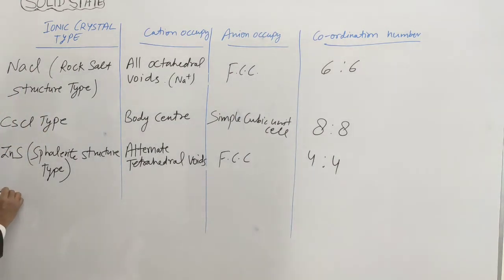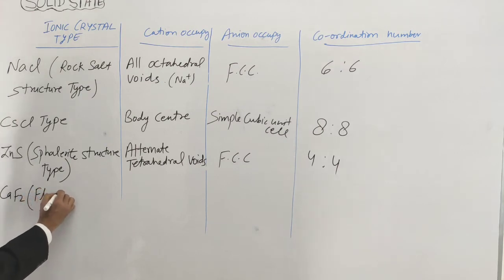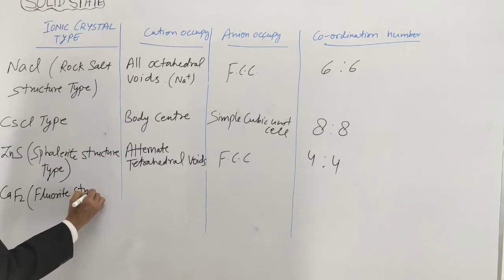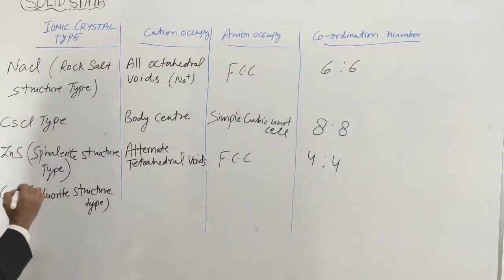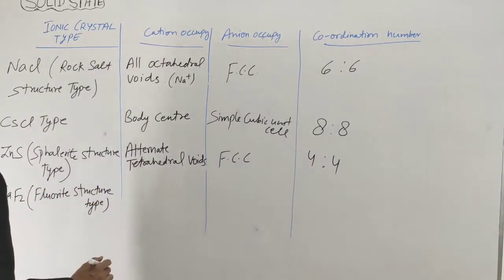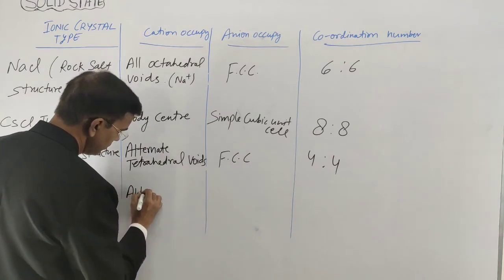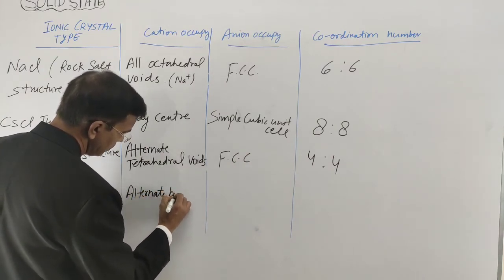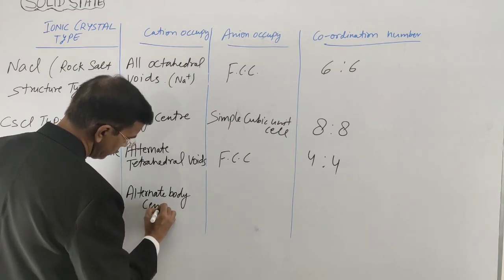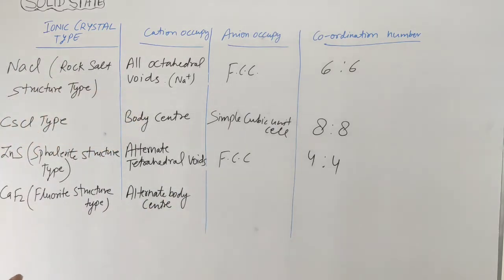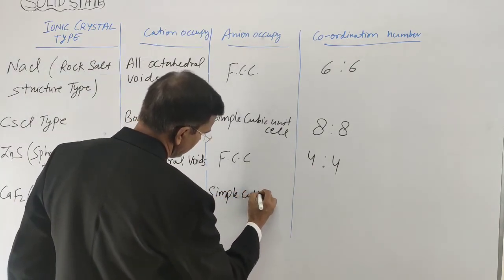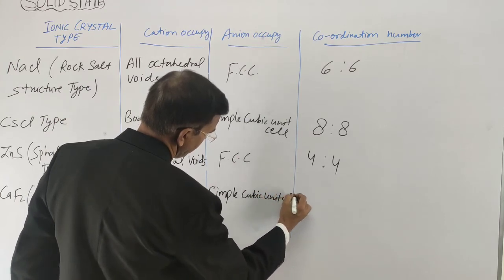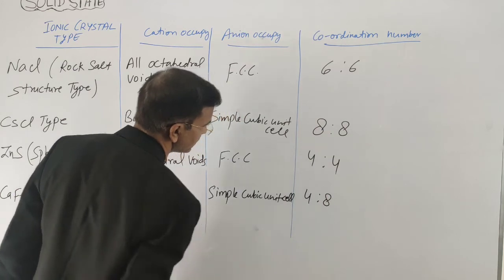Now the next is the CaF2 type, also called the fluorite structure type. Here the cation occupies alternate body centers, and the anion forms the simple cubic unit cell. Coordination number will be 8:4.